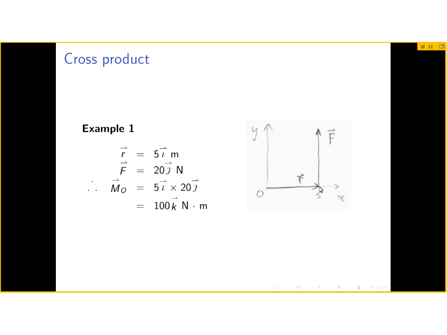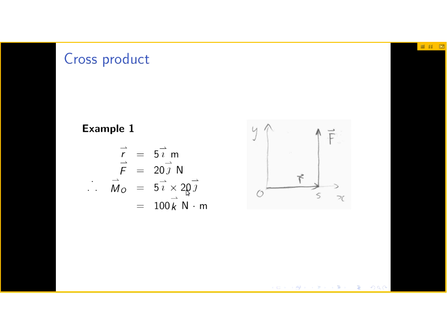And this force is applied to a structure at a position of 5 meters in the X direction from the origin of this axis system, the point O. So if I want to calculate the moment of this force about point O, I can calculate the cross product. M sub O is 5I cross 20J, in terms of what we've just now discussed on the previous few slides.